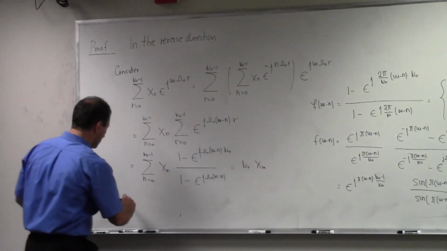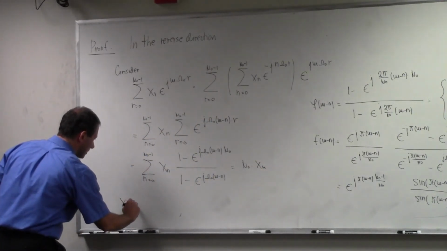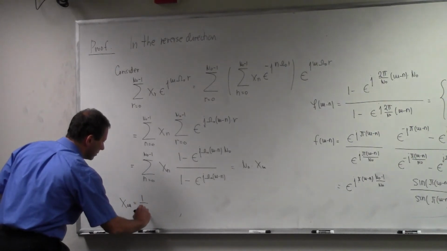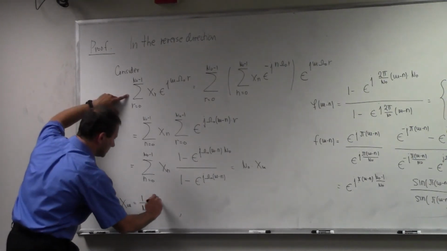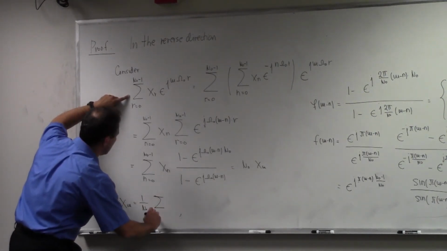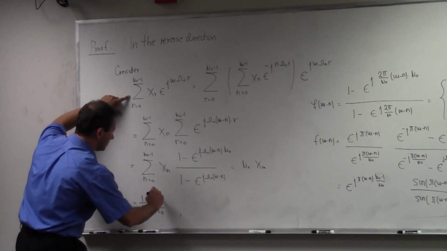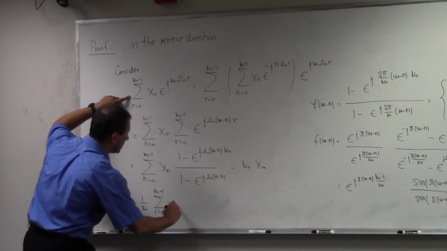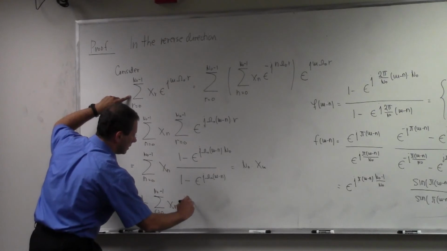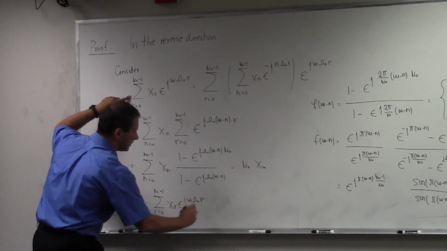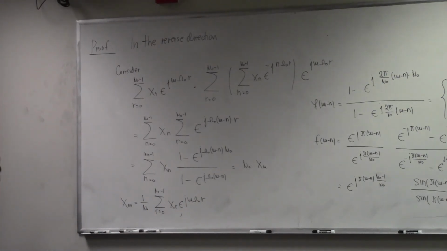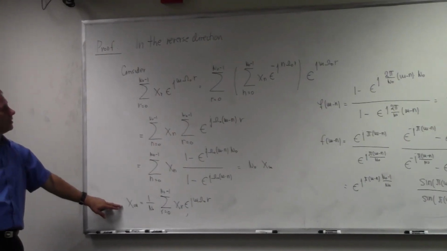So from here, you get that xm is equal to 1 over n0 times the sum when r goes from 0 to n0 minus 1, xr e to the j r m omega 0. Okay? So we got our formula in reverse.